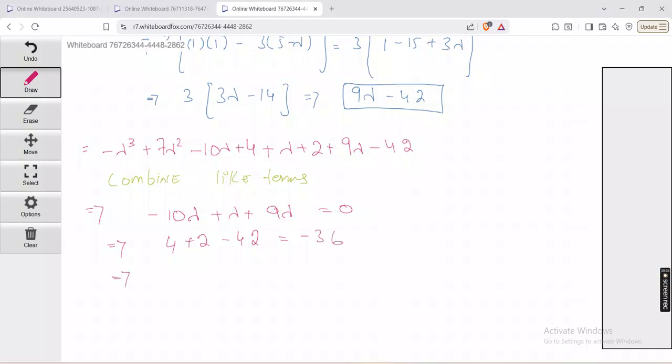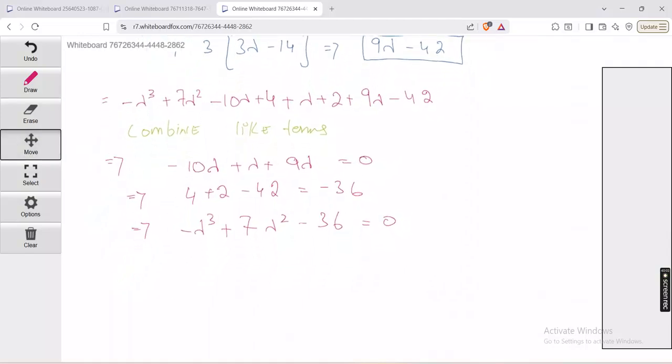And then what's left? We have minus lambda cube plus 7 lambda square, and we have minus 36 is equal to 0.